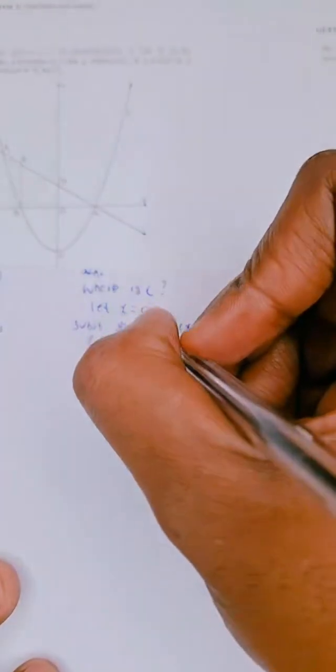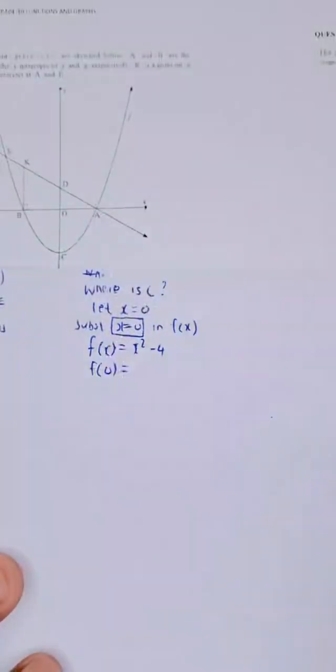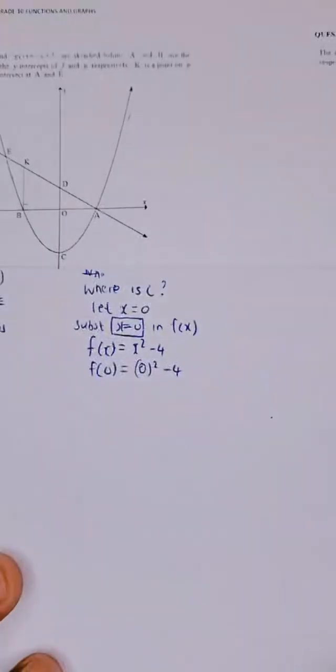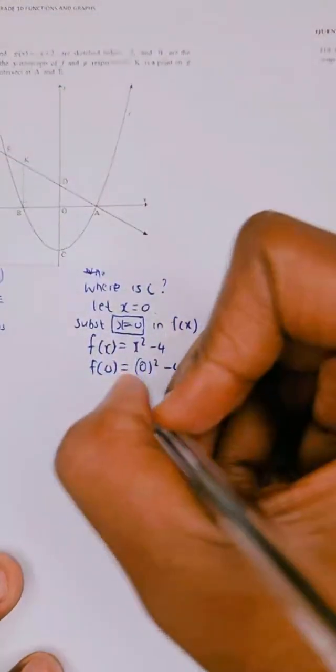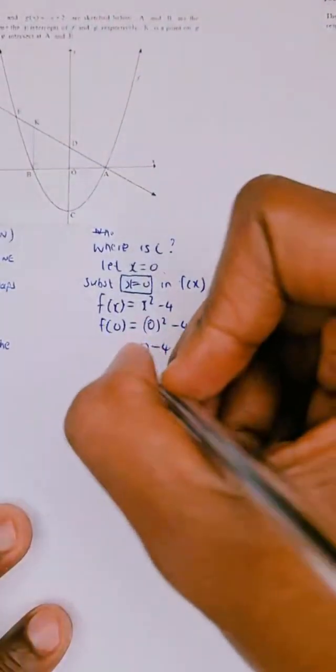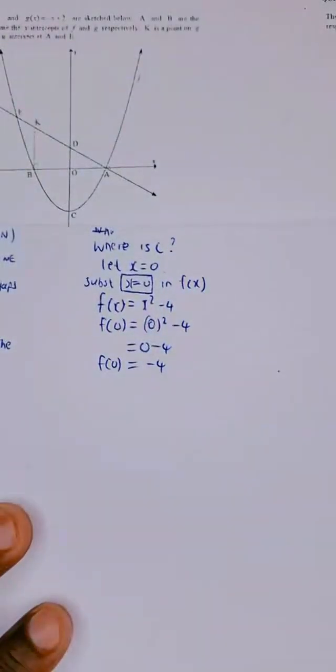Now we are going to substitute x is equal to 0 into the function. So we say f of 0 is equal to, in the place of x, we substitute 0 in brackets, 0 squared, that is 0, minus 4. And then, of course, 0 minus 4 gives us negative 4.